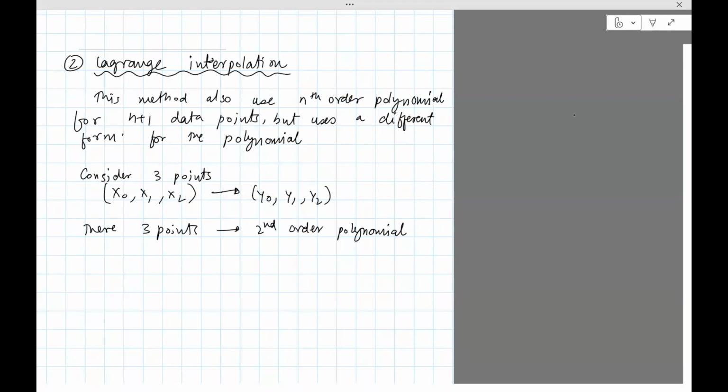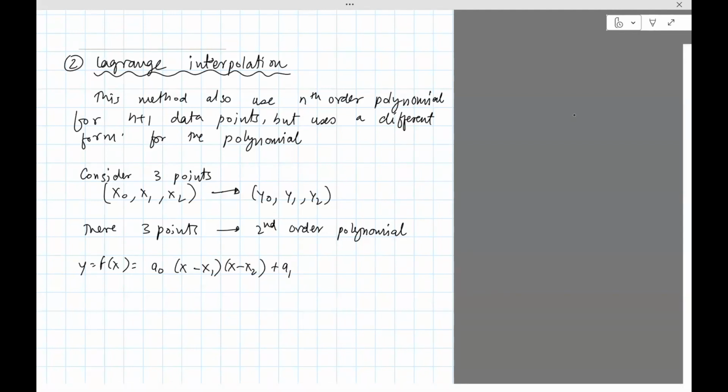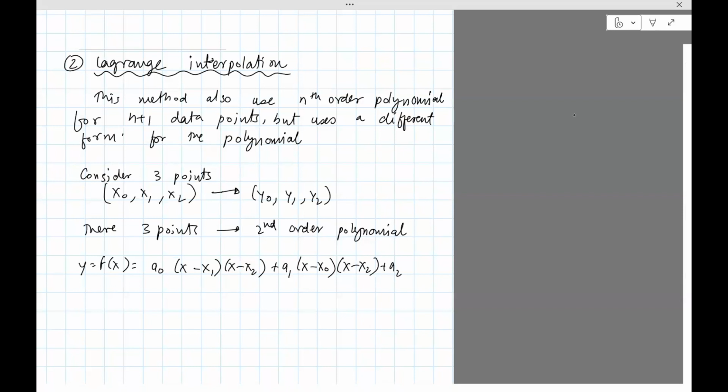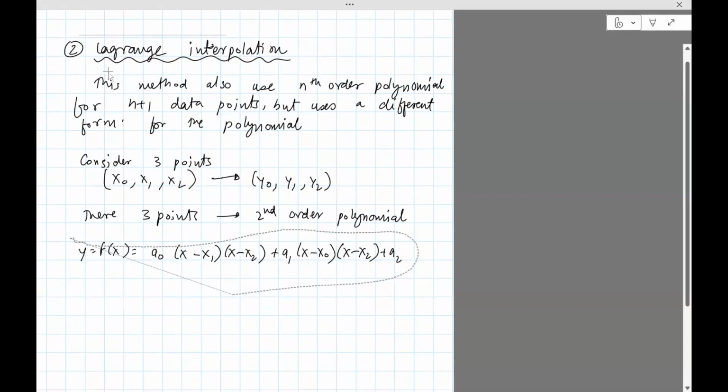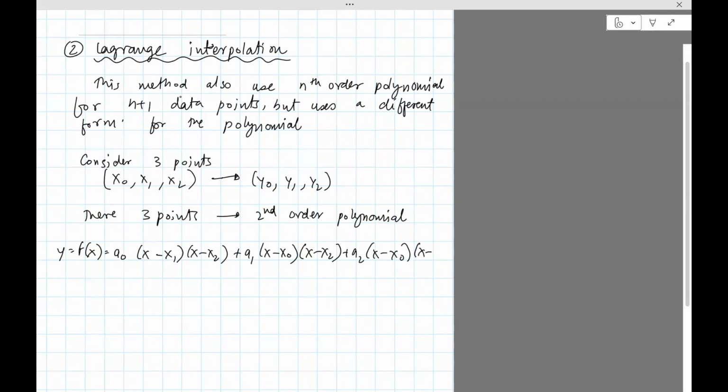The way this Lagrange method works is it assumes this polynomial: a0 times (x minus x1)(x minus x2), plus a1 times (x minus x0)(x minus x2), plus a2 times (x minus x0)(x minus x1). So just look at that expression, see what's going on.